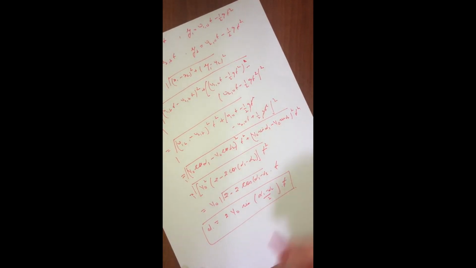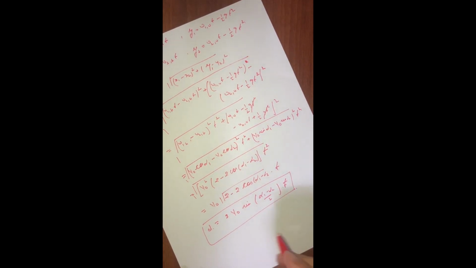So after time t, the distance is 2 V0 sine of alpha 1 minus alpha 2 divided by 2, times t. Thank you.